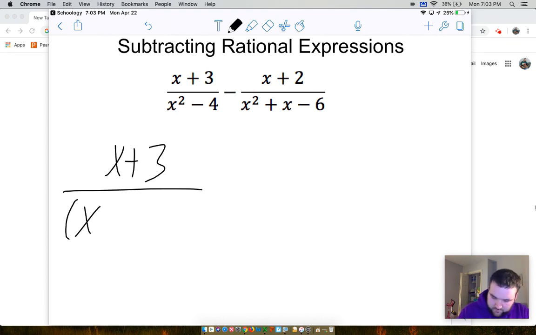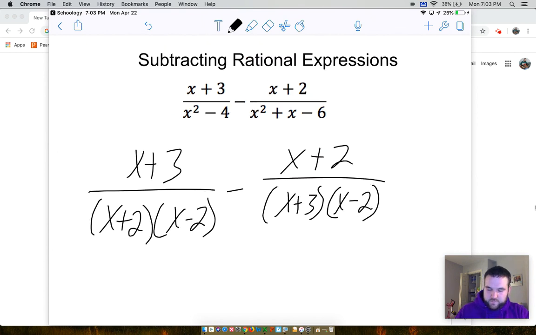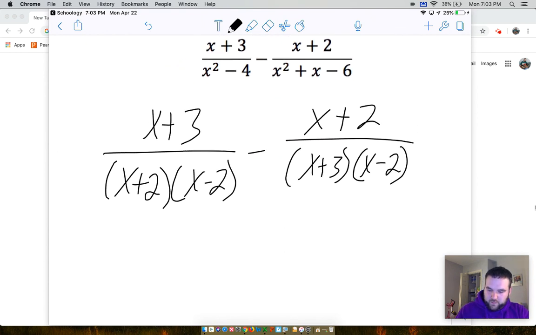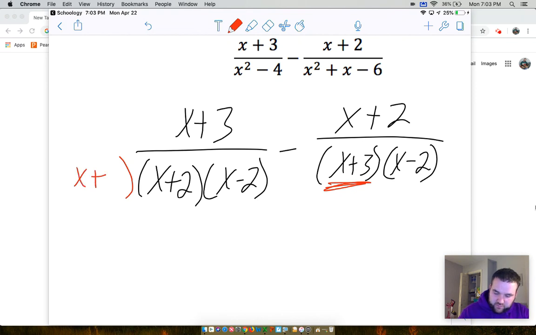Again, factor. If you can factor this stuff, we're going to factor it. So here I got x plus 2 over x plus 3 times x minus 2. Okay. Again, my quest now is to get a common denominator. So I see x plus 3 that the left fraction doesn't have.